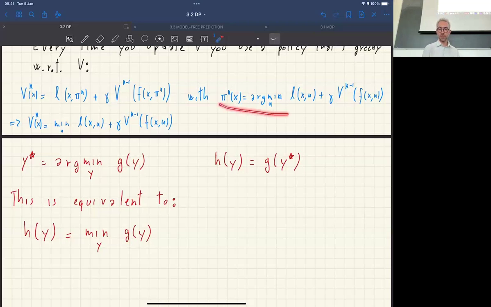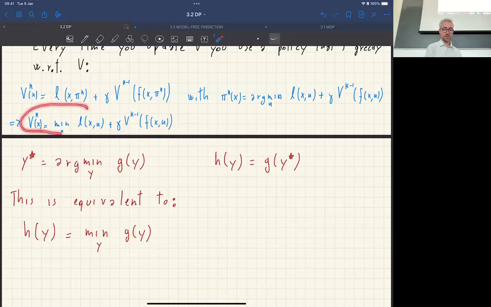So with the policy improvement step, I'm finding the minimizer of an expression. And then with the policy evaluation step, I'm evaluating the same expression at the minimizer. So I can do these two operations in just one line, which is finding the minimum of that expression.